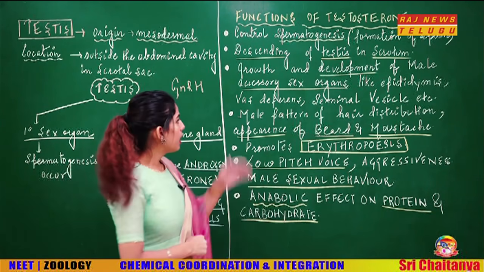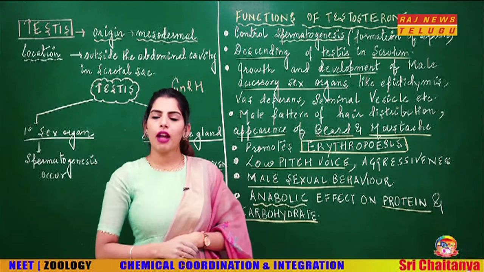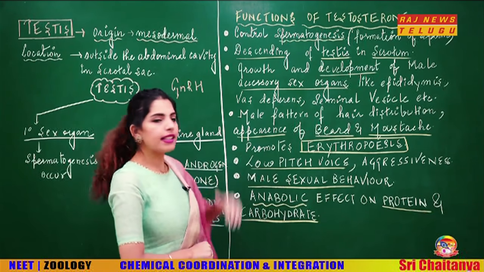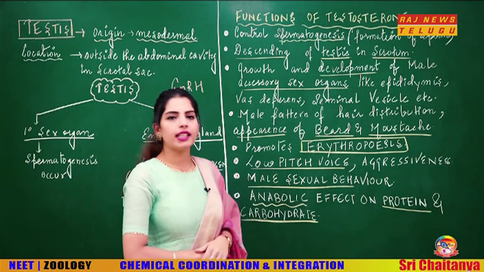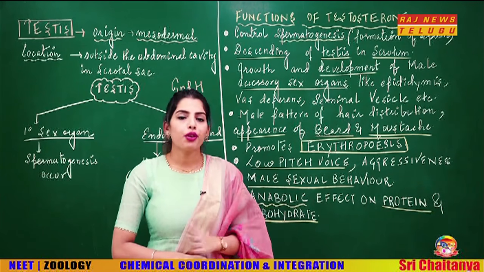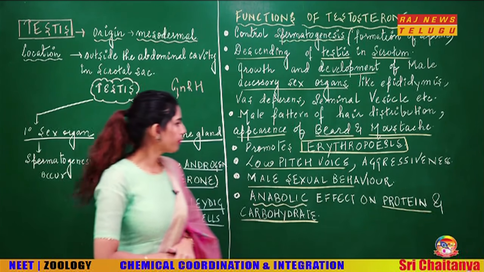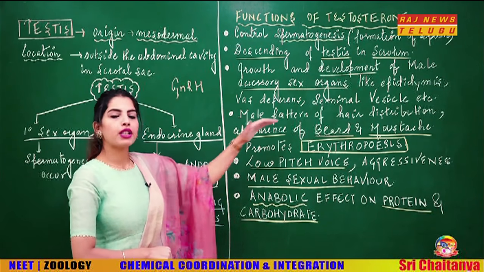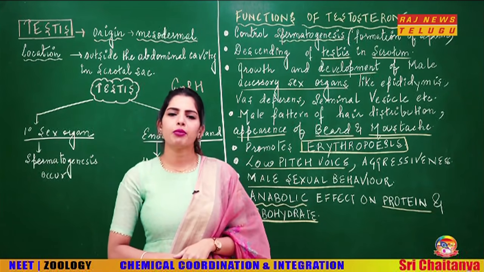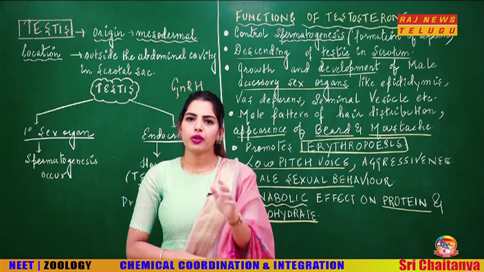Very, very important. Now looking at the other function, it also helps in the growth and development of the other male accessory sex organs like the vas deferens, the seminal vesicles, the epididymis. Alright, the male pattern of hair distribution, too much of hair on the body, appearance of beard and mustache, that is also controlled by the male hormone testosterone.